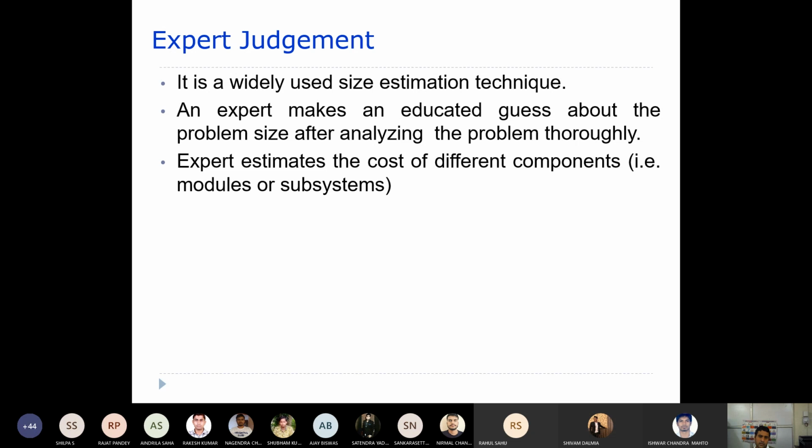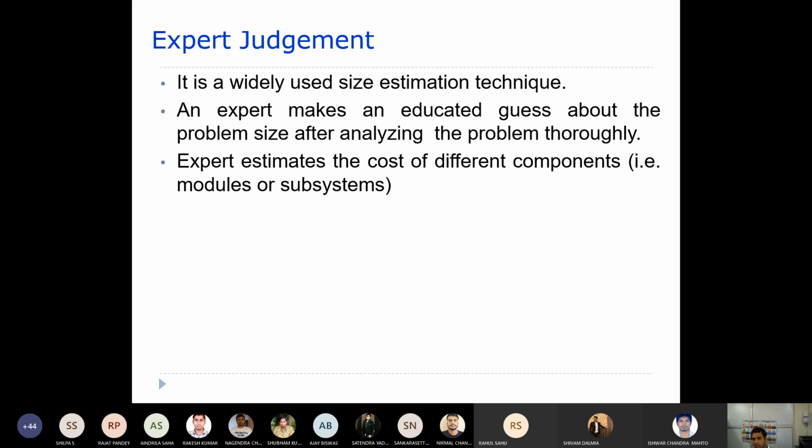The expert estimates the cost of different components. Let's say you have n number of subsystems or modules; he will initially estimate the cost for each of these components, and the summation of all of these costs will be the estimated cost for this project.